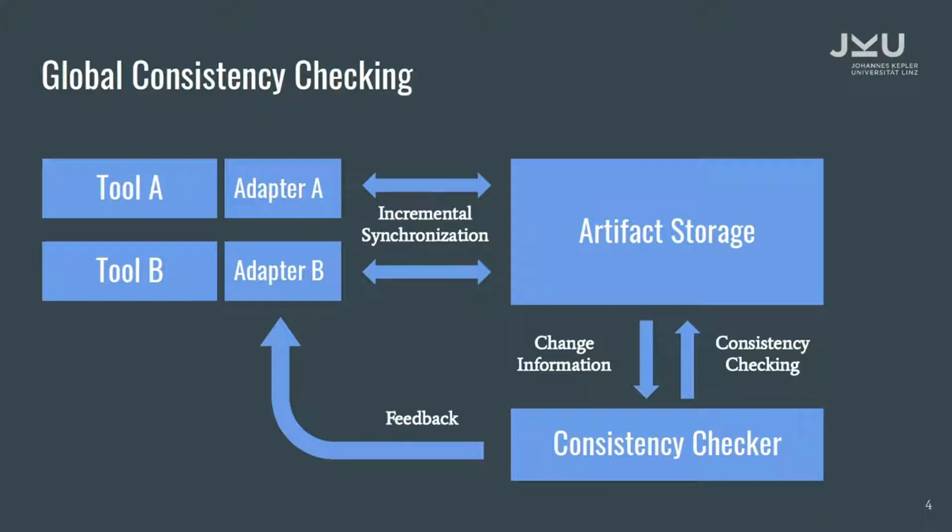I'll show this to you in a second. So every time you synchronize a change with the artifact storage, a change event is fired and the consistency checker looks at the artifact storage and sends feedback to the tool adapters, respectively the tools used by the engineers, telling them whether their change is consistent.